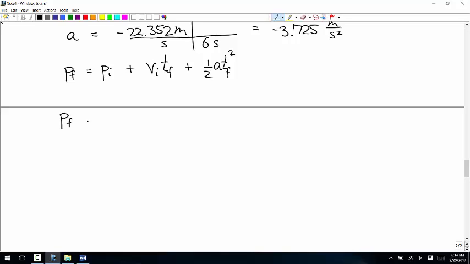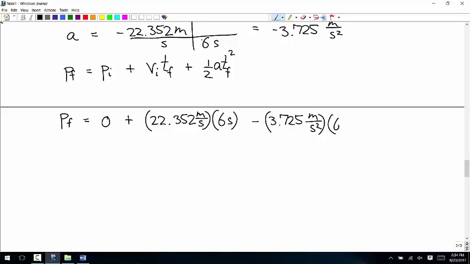So P final is equal to 0 plus 22.352 meters per second times 6 seconds minus 3.725 meters per second squared times 6 seconds squared. And can someone calculate that?